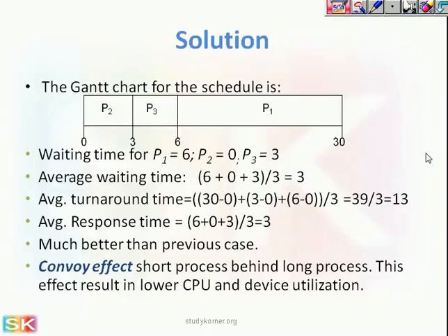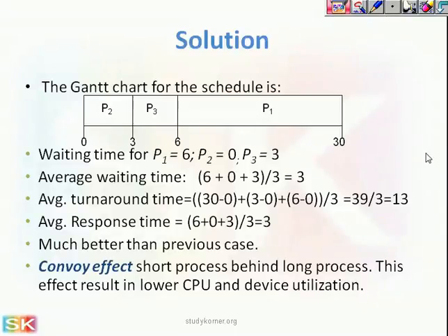So the convoy effect says that short processes behind long processes may lead to lower CPU utilization, right? So this is the convoy effect. Many times in some exams they ask what is convoy effect, directly or indirectly.